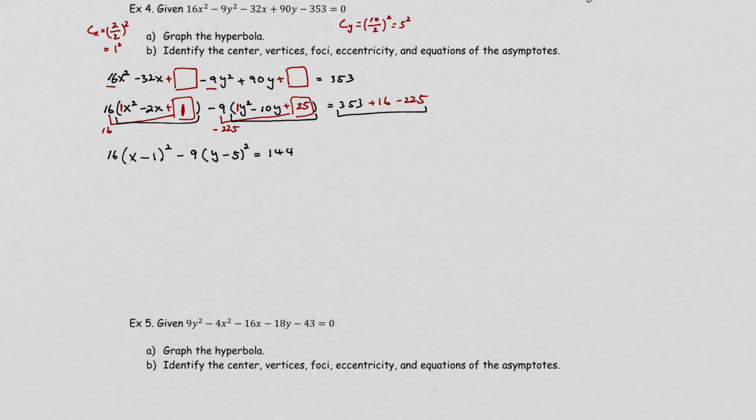So let's divide both sides by 144 to make the right side 1. So this is going to be reduced to 1. And you get 16 goes into 144, 9. 9 goes into 144, 16.